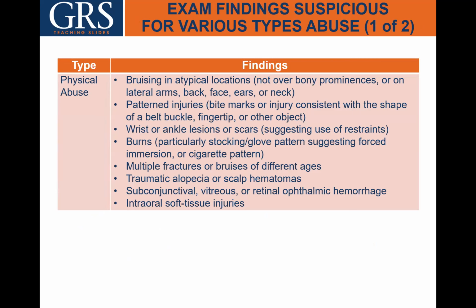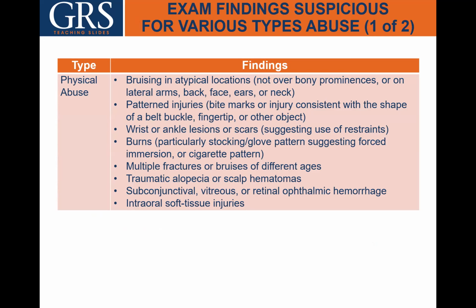When you do a physical examination, if you find bruising in atypical locations, not over bony prominences but on the lateral arms, back, face, ears, or neck, you may think the patient might be suffering from physical abuse.